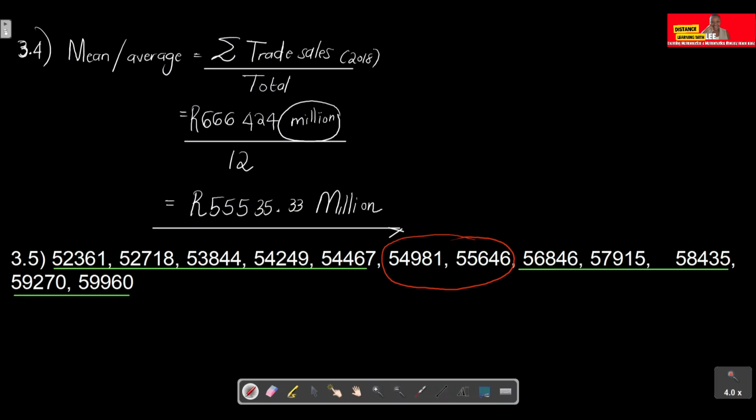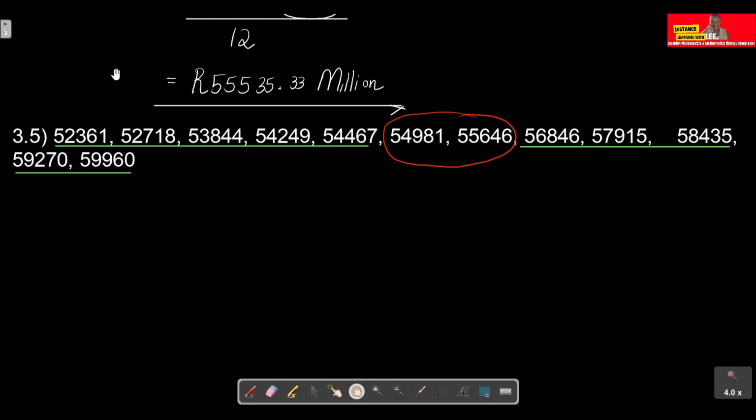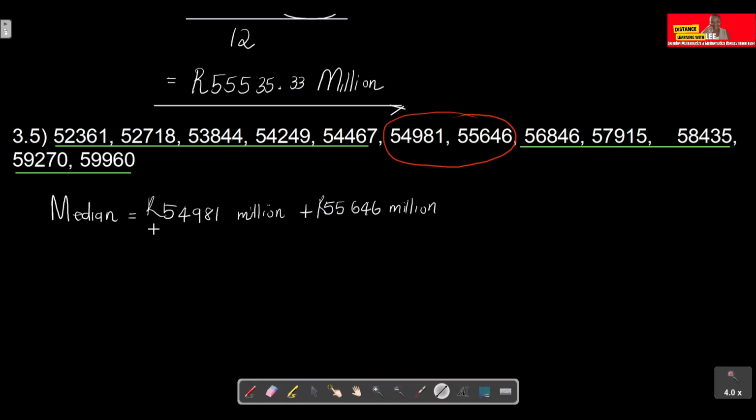So for us to determine what our median is going to be, all that we need to do, guys, is simply take that 5. Therefore, your median is just going to be equal to that 5, 4, 9, 8, 1. Remember, guys, this is in million, plus 5, 5, 6, 4, 6 million, this is rands, divided by 2.